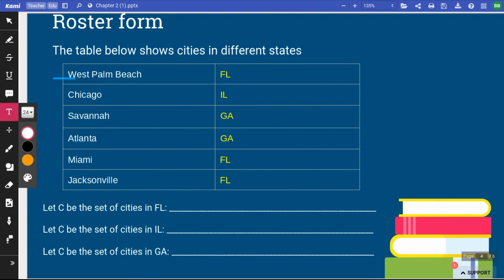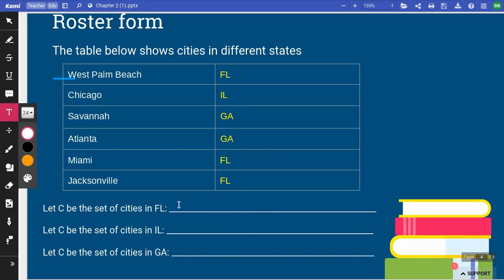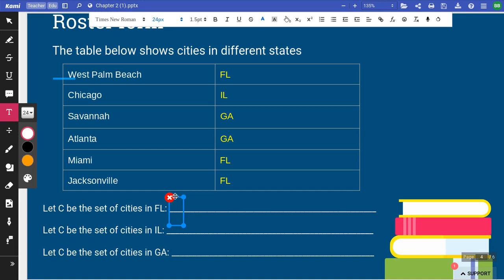So let's try this roster form one more time. So it says, let C be the set of cities in Florida. I want you all to pause this video and try to see if you all can write this down correctly and then check your answer.